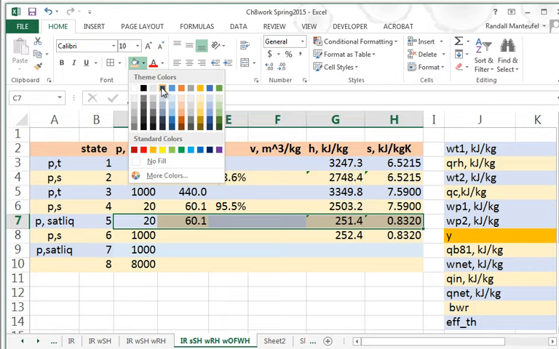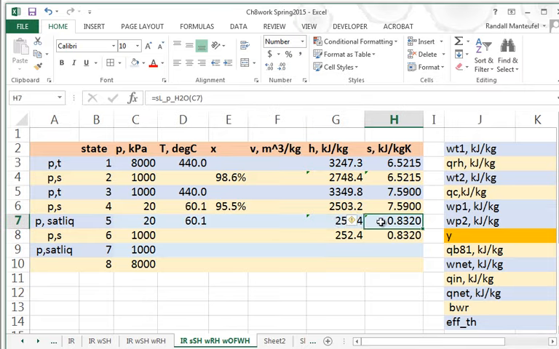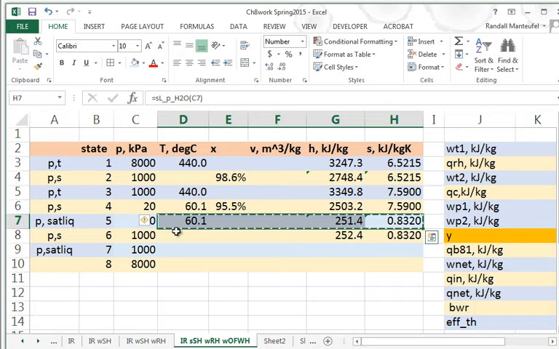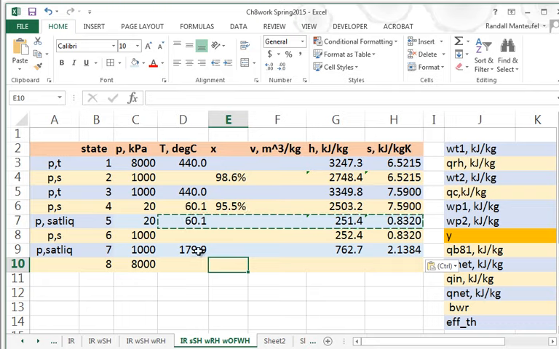And because those formulas are the same, I'm just going to copy that and paste them. And everything goes back to this pressure of 1,000. So now the temperature is almost 180 degrees C. And the enthalpy and entropy coming out of that open feed water heater are calculated.